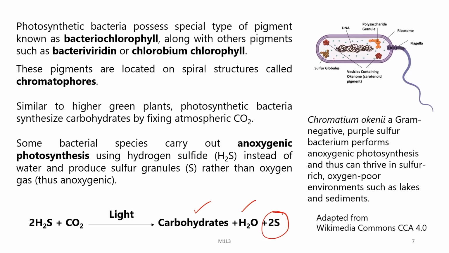Here you can see the sulfur granules which are getting produced, and then these are the polysaccharide granules which are being produced in this entire process. Then these are the vesicles which contain quinone, the carotenoid component, and it also has a flagella, as you can see in this diagram.